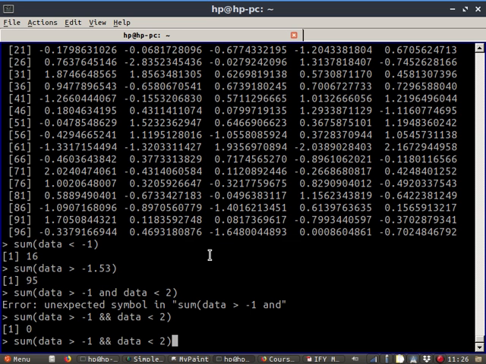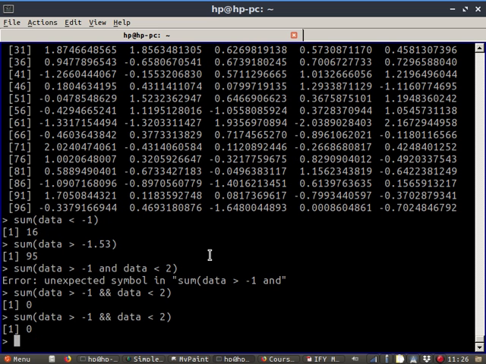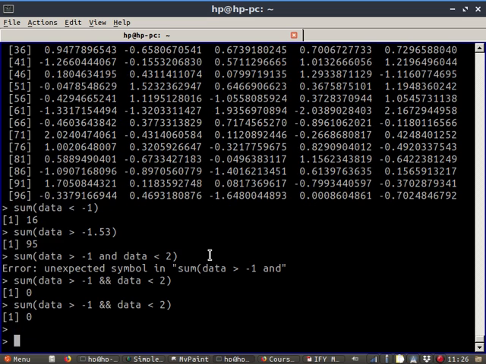How do I do this? I don't know how to do it.